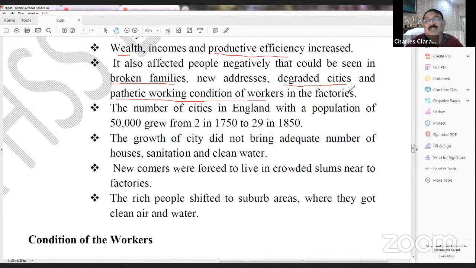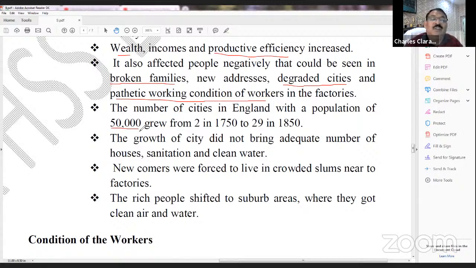The reason is, it was something new and they were working on it. They didn't have an option. Why? Their land was taken away from them. The rich people had taken away the land from them. Things happen. The number of cities in England with a population of 50,000 grew from 2 in 1752 to 29 in 1850.